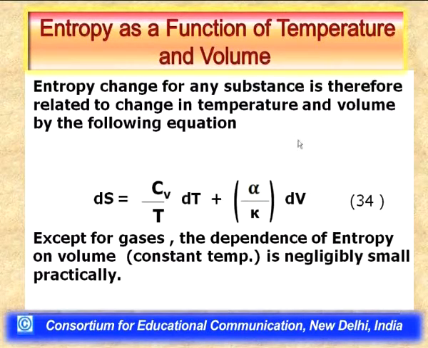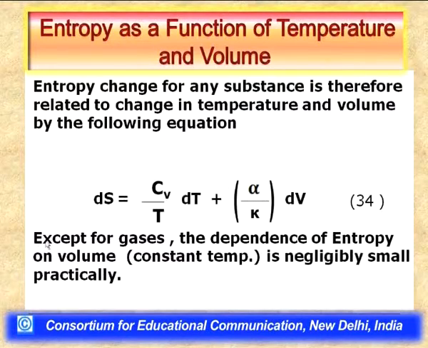Whenever some transformation occurs, unless the pressure value is very high, the volume change for these condensed phase systems is very small. So the dV value is very small, and the contribution of the second term towards the entropy change would be very small.